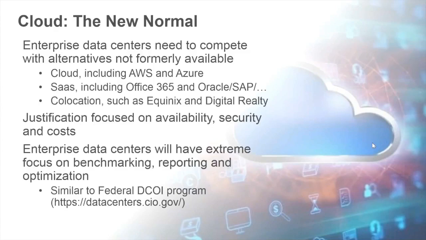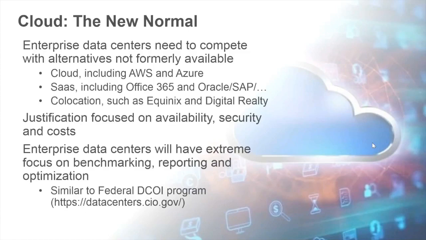There are many valuable aspects to cloud, but what I think we're all seeing in the market is the ultimate state of our computing infrastructure is going to very much be hybrid. We will have our enterprise data centers, we will have cloud, we will have colocation, we will have Office 365, and these are all options, these are all part of the fabric. And cloud is important, but it's not the only option.